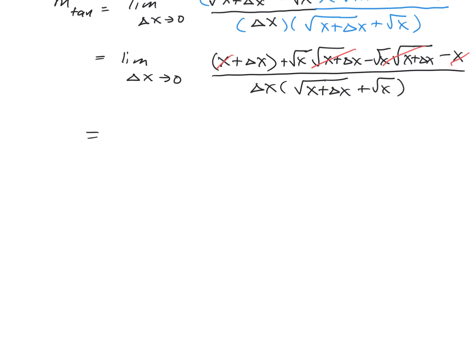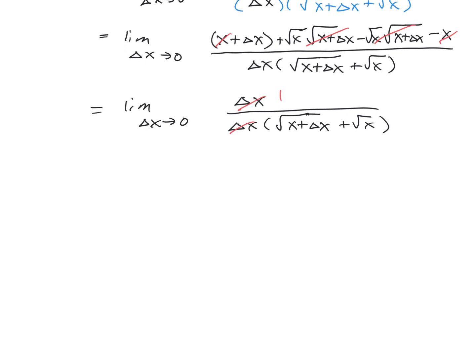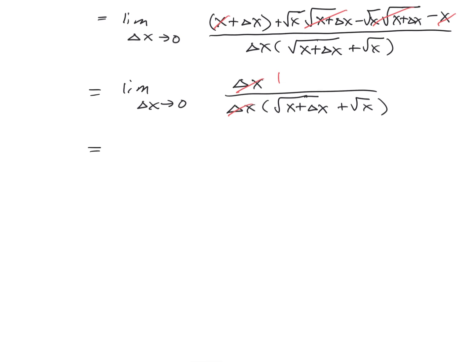So this is going to be the limit as delta x goes to 0 of plain delta x over delta x times the sum square root x plus delta x plus square root x. And those delta x's divide out and cancel, leaving us with a 1. And we now have a limit that we can calculate directly. And we'll do that in the next step.